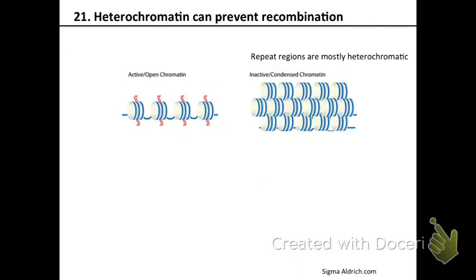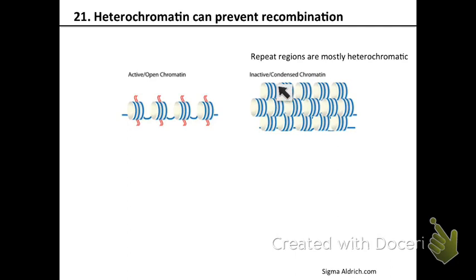And in fact, something that we talked about in the last lecture, which is the heterochromatin structure, protects these repeats from homologous recombination. So we said that in active open chromatin, you have lots of acetylation. The nucleosomes are like beads on a string. They're kind of loose and happy. And in the heterochromatic regions, we have a lot of hypoacetylation, so less acetylation.